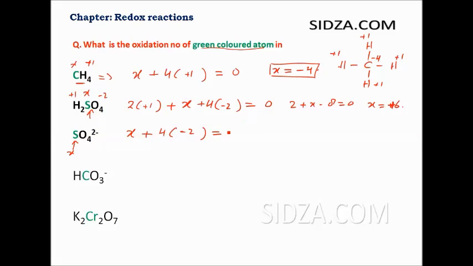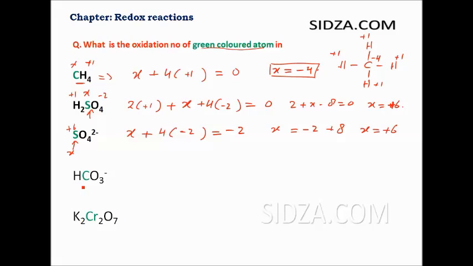So I'll write down the -2 here. The charge on the ion is -2. Therefore X will be then -2 plus 8. Correct? -2 plus 8, which will be equal to +6. So that means again in the sulfate ion the oxidation state for the sulfur is +6. In H2SO4 they are also the +6.